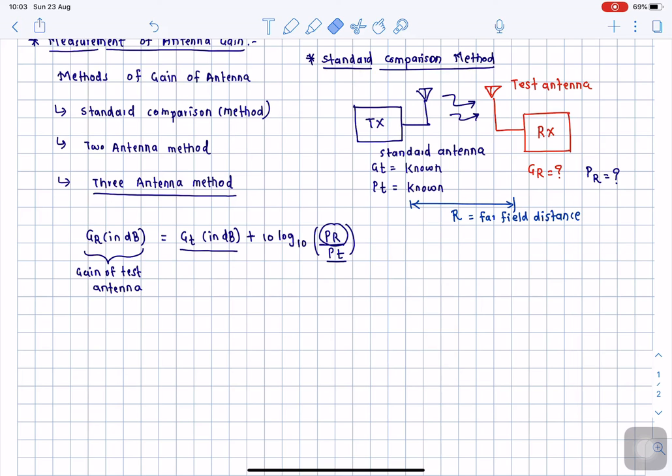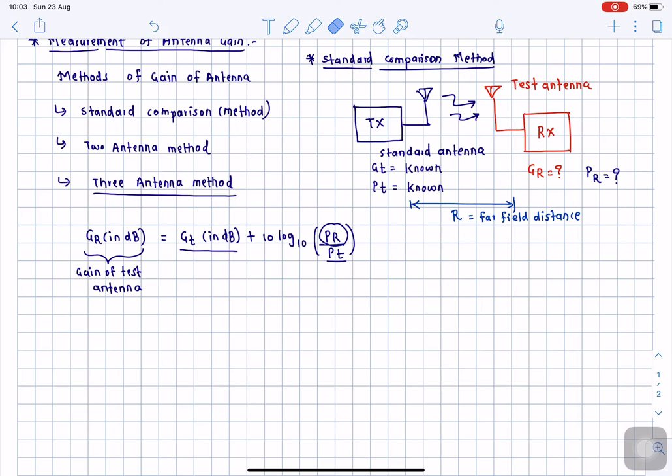So here I will draw a simple block diagram. The test antenna whose gain we want to measure is used as a transmitter. So this is our test antenna. And we will place a receiver in the far field zone approximately, and at the receiver we also make use of the same, identical test antenna.